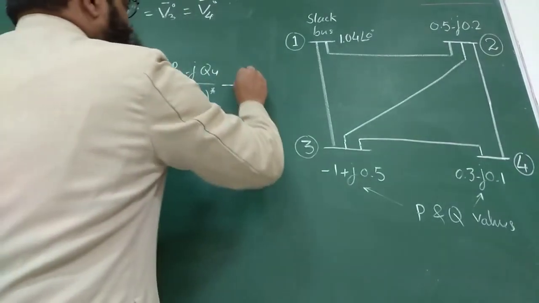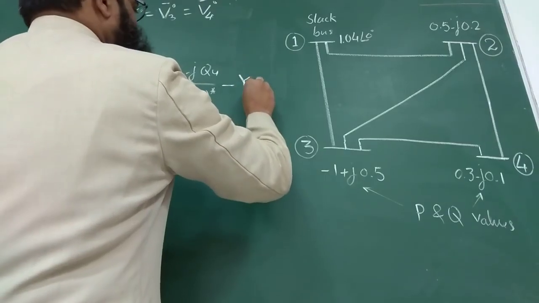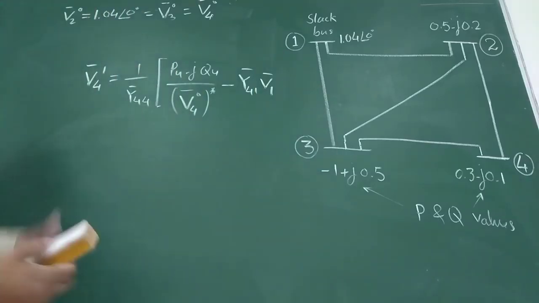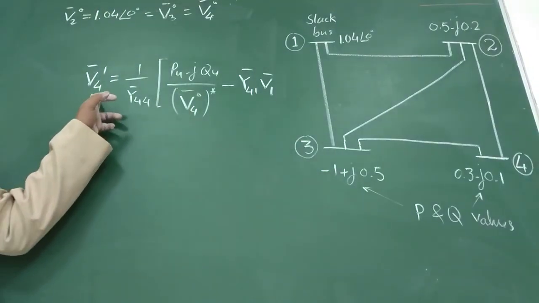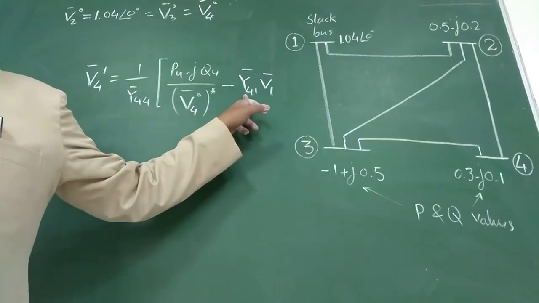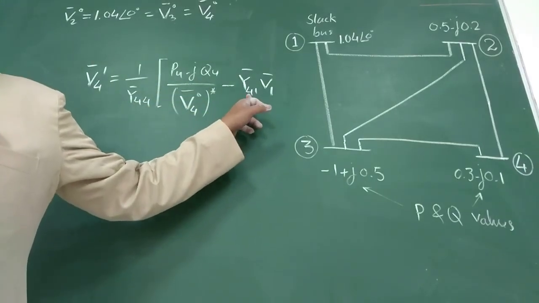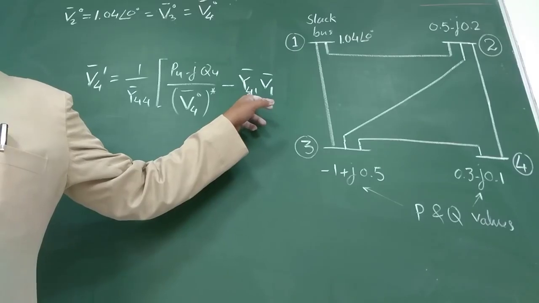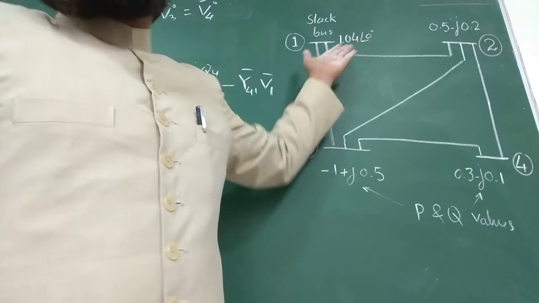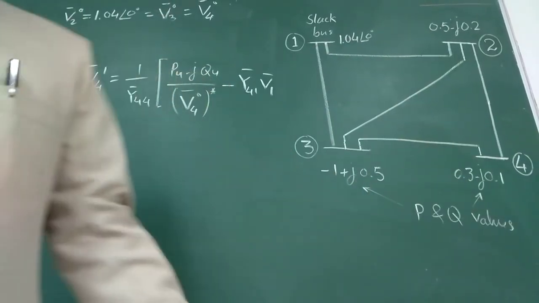Now tell me Y I1, that is 4 1 V1. I is 4 now, so it will be 4 1 V1. So take the element from the Y bus Y41 corresponding to 4th row and first column and put that phasor here. V1 is already given, it will be constant throughout for slack bus, right?